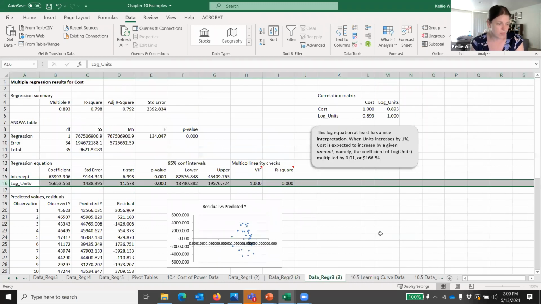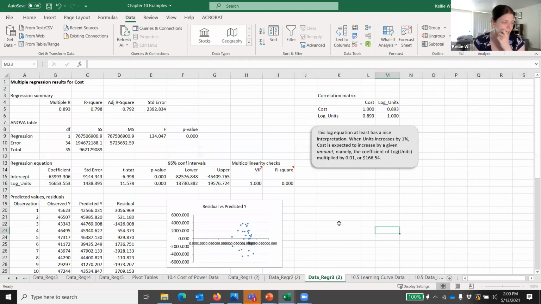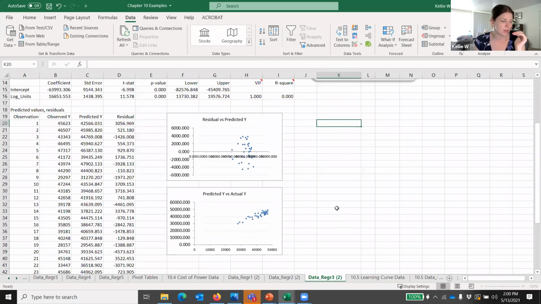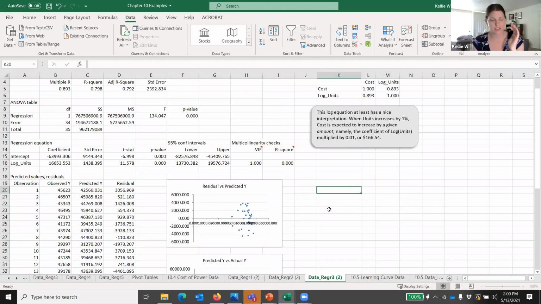And so this is telling us that when units increase by 1%, then cost increases by some given amount. So that amount is the coefficient of the log units multiplied by 0.01, or $166.54. Each percent increase has a given amount that correlates to the increase in cost.